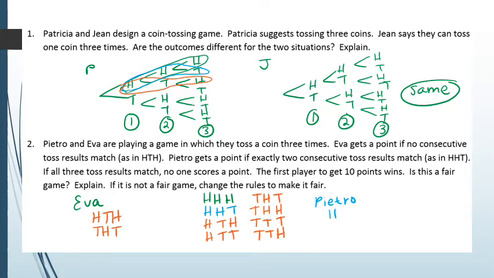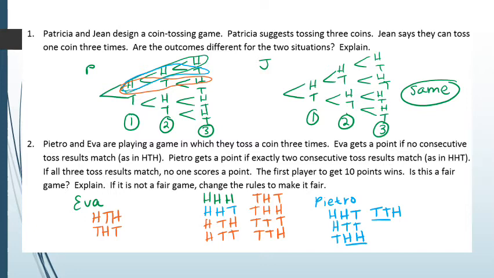So for example, heads, heads, tails, or heads, tails, tails, or tails, heads, heads, or tails, tails, heads, right? All of those have consecutive tosses in them, the matching letters in a row. And then finally, if we get a tie, we are going to toss again.